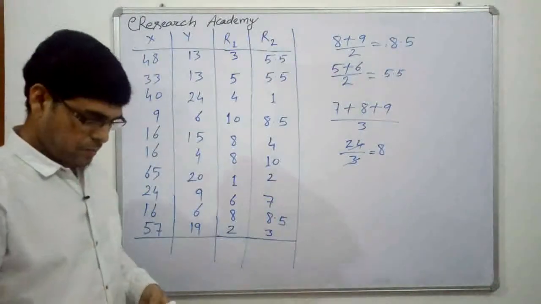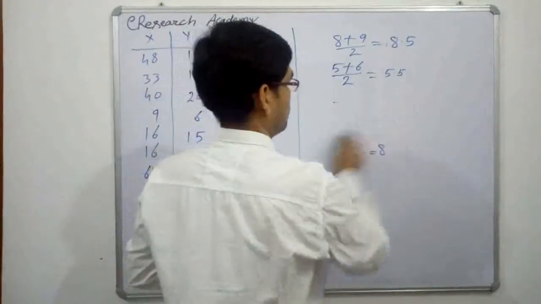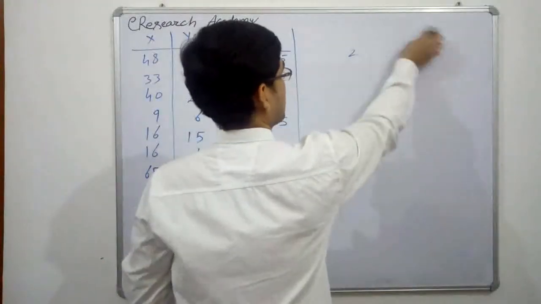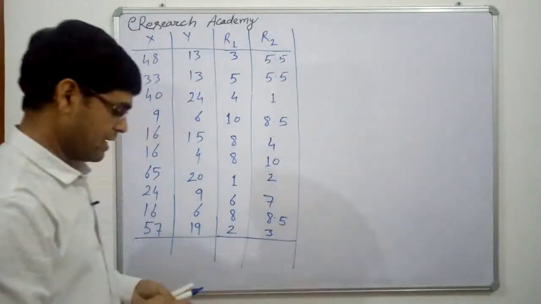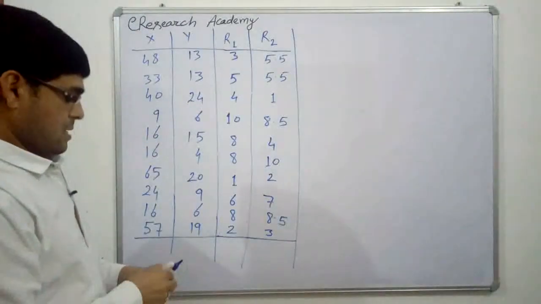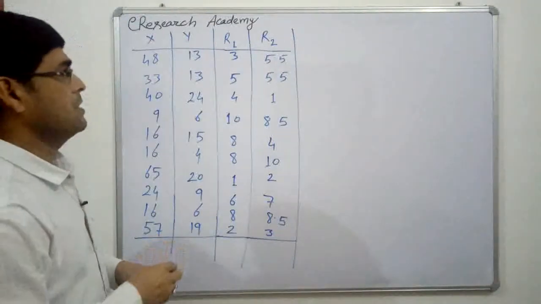So now we have the formula. The formula here becomes a bit lengthy to calculate the correlation value when ranks are repeated.